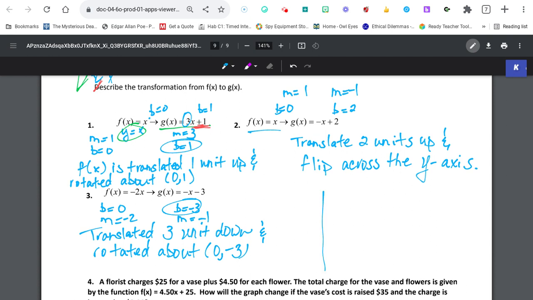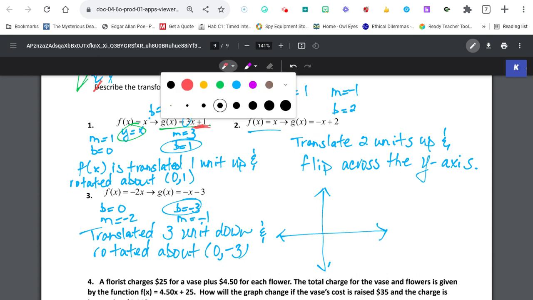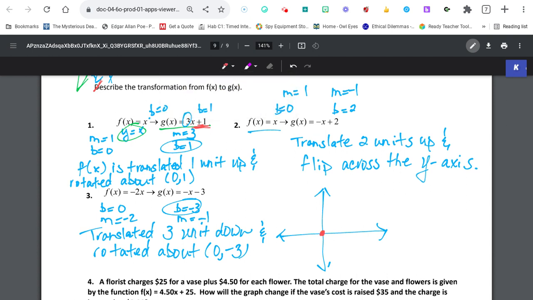So what I'll do is take that y equals negative 2x function, which starts at 0. It goes down 1 to the right, or up 1 to the left. So if I sketch it out, it'll kind of look like that.